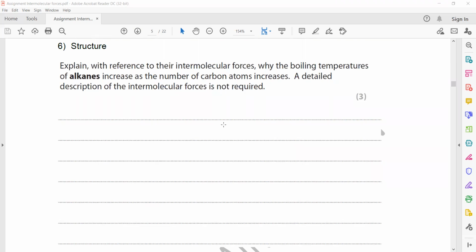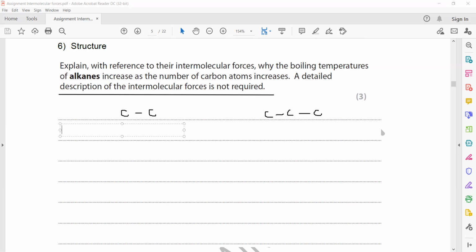Moving on to the next question. Explain with difference in intermolecular forces why the boiling temperature of alkanes increases as the number of carbons increases. A detailed description of intermolecular forces. For example, if two carbon atoms are there in an alkane and three carbon atoms in another, increasing the number of carbon atoms increases the boiling temperature.